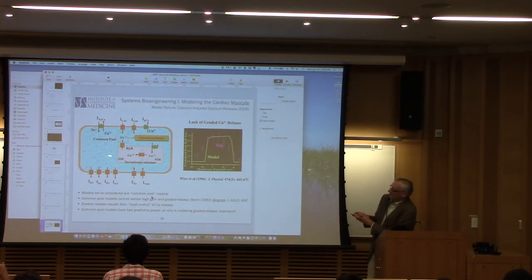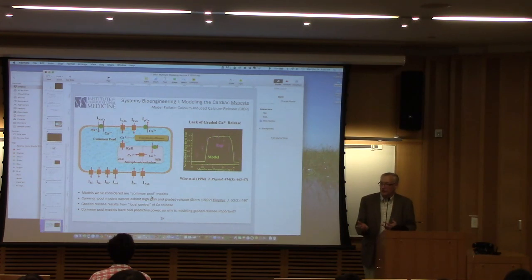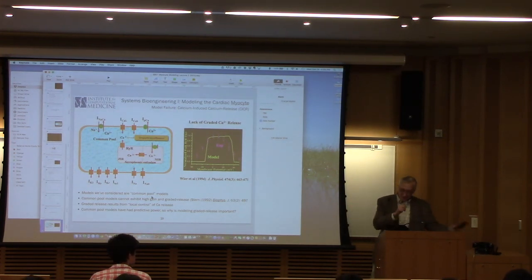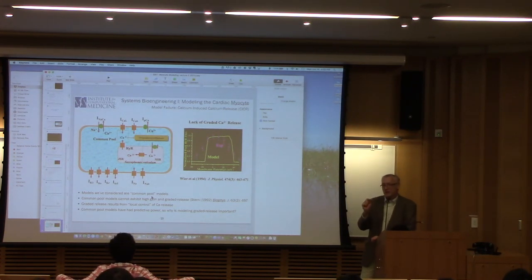In common pool models, we assume that the calcium that is released from the JSR is directed into the same calcium compartment as is the trigger flux, and that is the compartment that is driving the ryanodine receptors. That's the calcium concentration that's driving the ryanodine receptors. So that's what it means to be a common pool model.